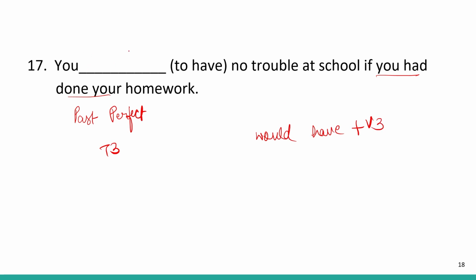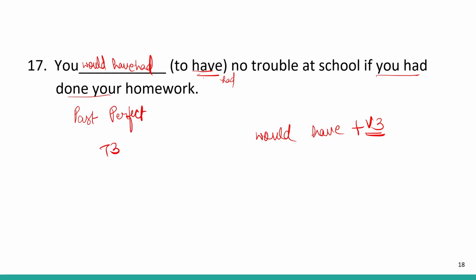Now this is very important again. We need would, then have, as per the rules. Now we need verb third form. Here we have have, of which we have to change the form. So the third form of have is had. So the correct sentence will be you would have had no trouble at school if you had done your homework.